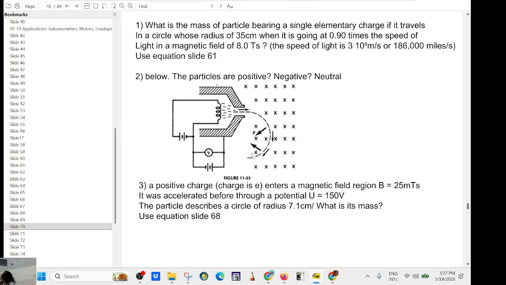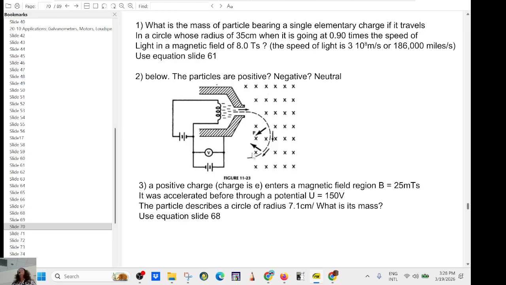You just apply this equation and plug it in, and you should find the same thing as before.